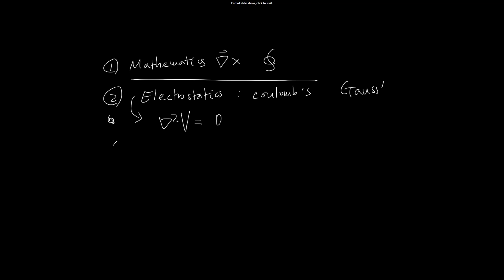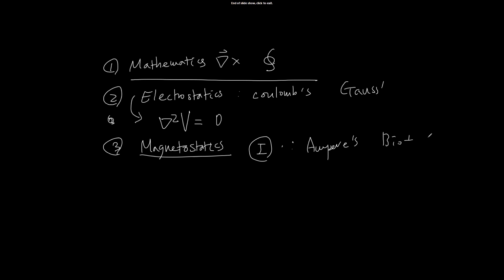And then we started to learn about magnetostatics. In magnetostatics, currents are stationary. You have current, but the amount of current doesn't change as a function of time. Here we learned Ampere's law and Biot-Savart's law, right?